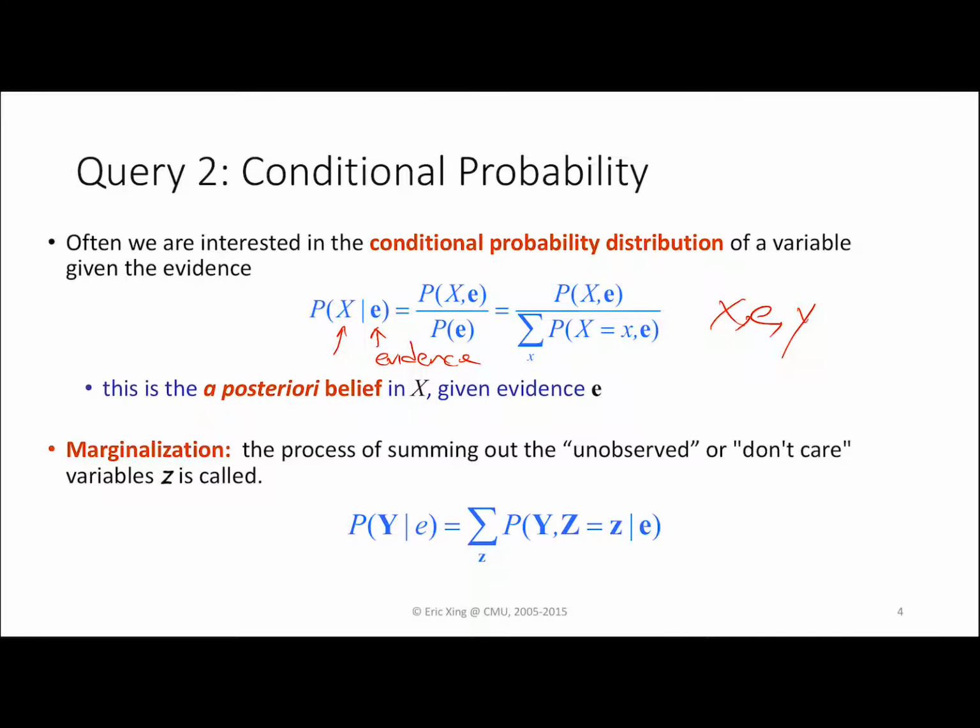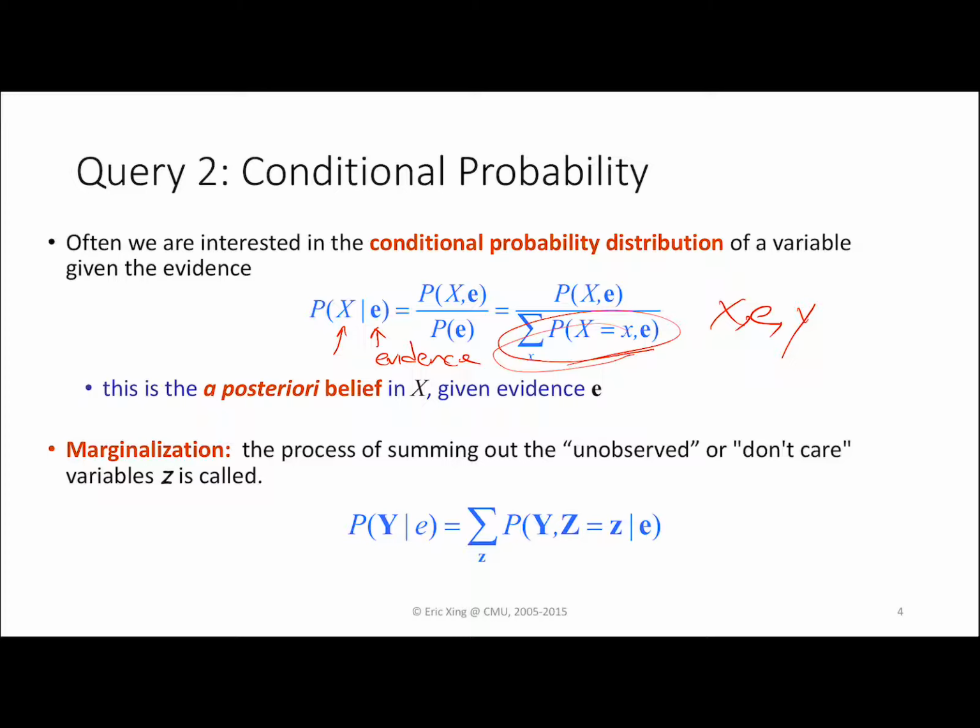Of course, you can write it with Bayes rule, as the joint distribution of x and y divided by P(e). To compute this, remember, it's the same thing that I showed in the previous slide, you have to do inference. Because computing this quantity, as I will show you in the following slides, is not always easy. If you want to do it in a naive way, it can be very expensive.